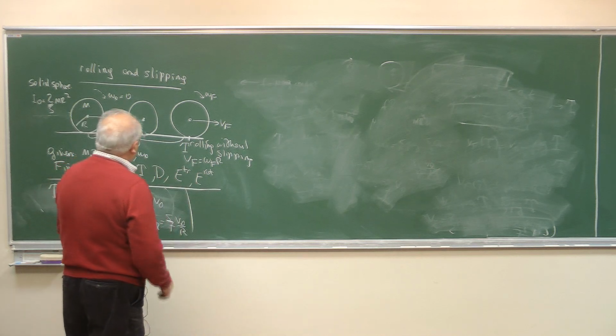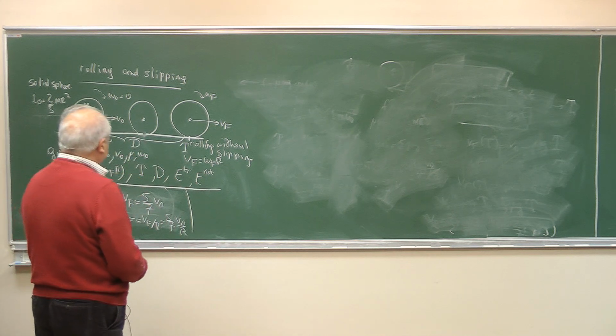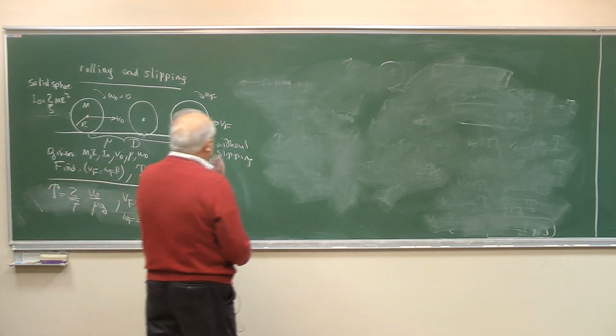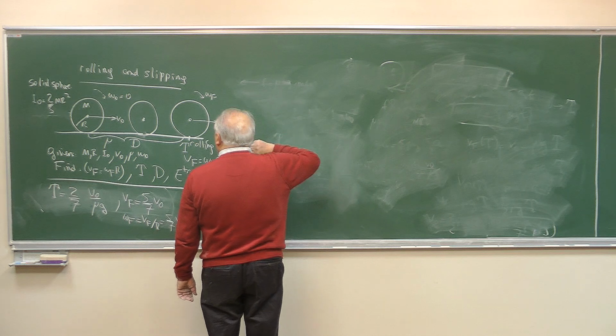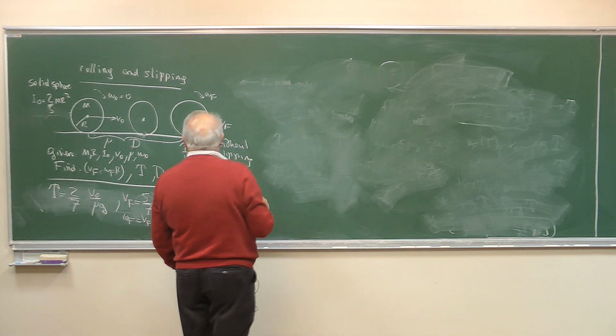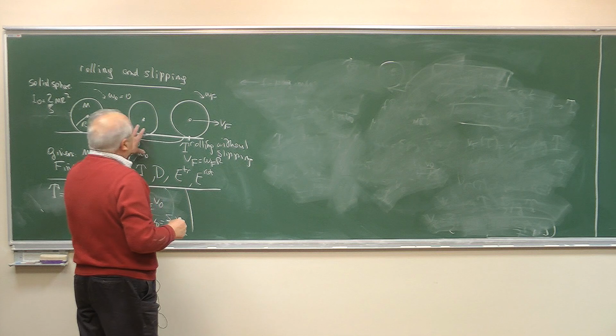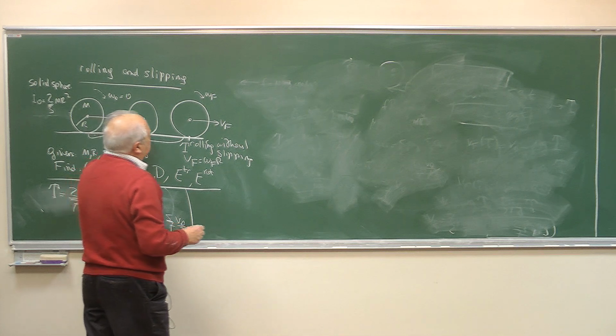Let us now try to find d. Friction is eating up the translational kinetic energy.